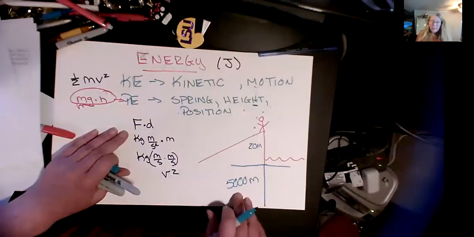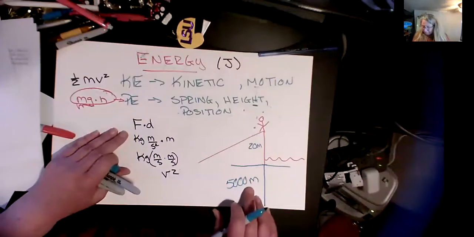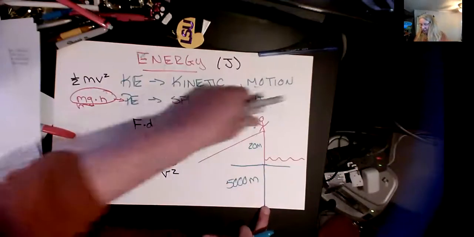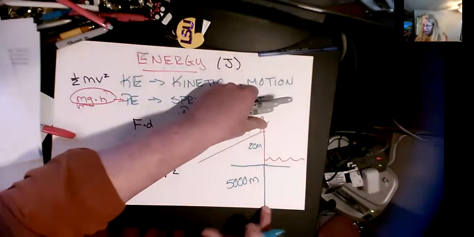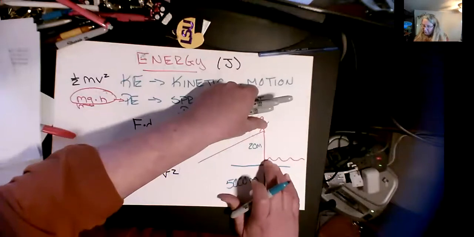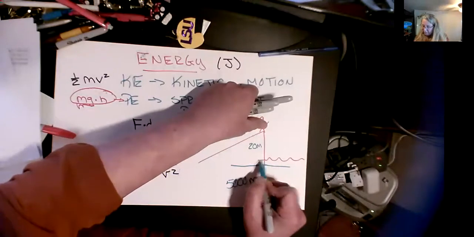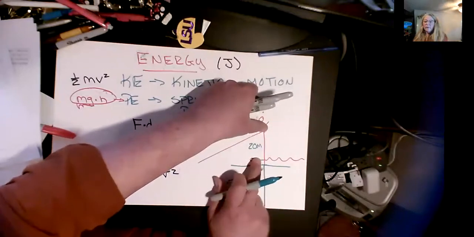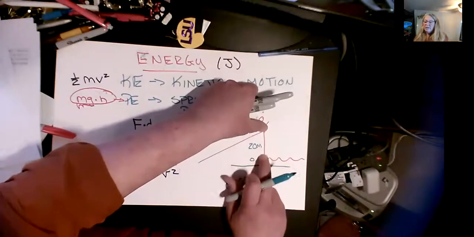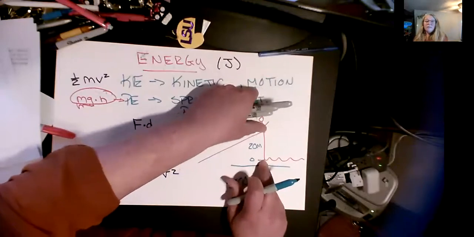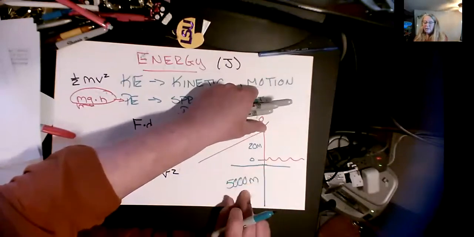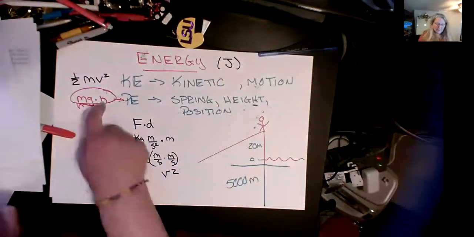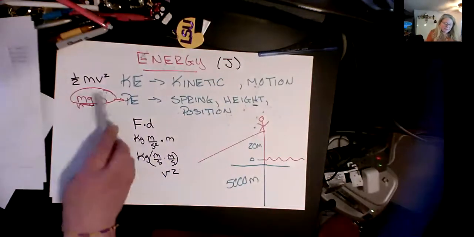Probably not realistic, but that's okay. I'm not worried about the potential height from my total height. I'm comparing this height here, which I would just call 0, to this height here, which would be the 20. So it is this comparison of height difference. Doesn't matter what's going on above, doesn't matter what's going on below. We're just comparing those 2 points. That's potential energy relative to height.